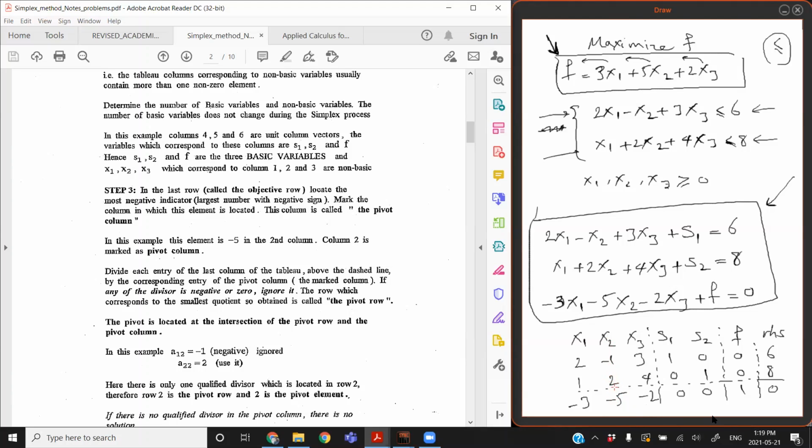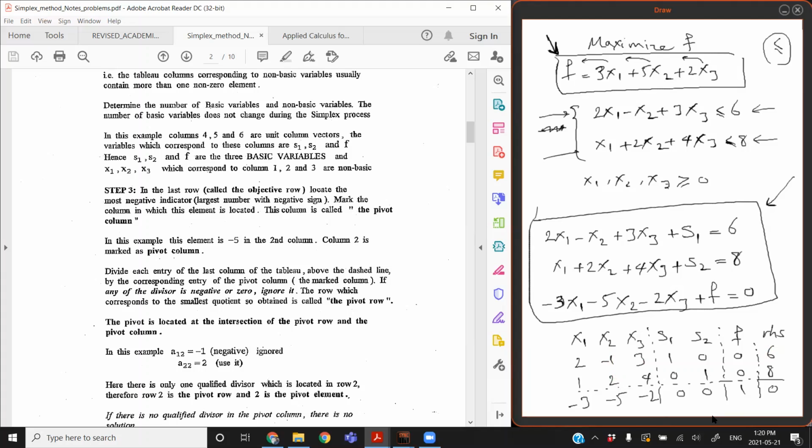In this case, there is only 2 that is positive. If there are 2 that are positive, we would have to divide the number on the right-hand side by the number that we have over here for each one of these numbers and find the smallest one.